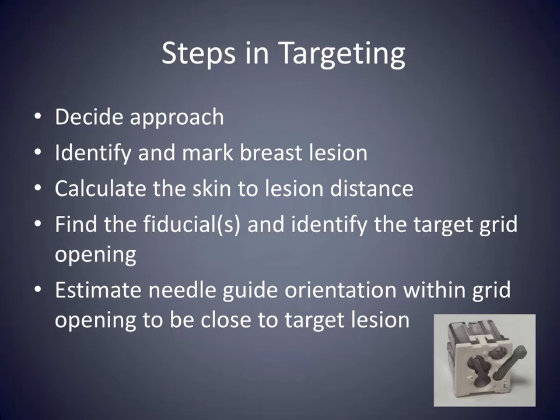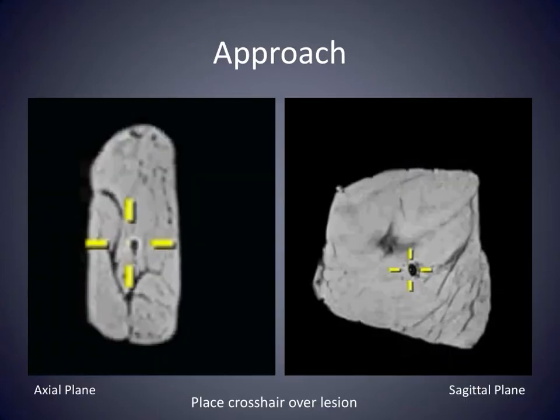We'll still use the fiducials as references to identify the grid opening that we'll be using for the target lesion, as well as to estimate the needle guide block orientation so that we could be the closest to the target lesion as possible. Utilizing the same phantom case that we used for the computer software calculation, here we have the axial plane sequence on the left and the sagittal plane sequence on the right.